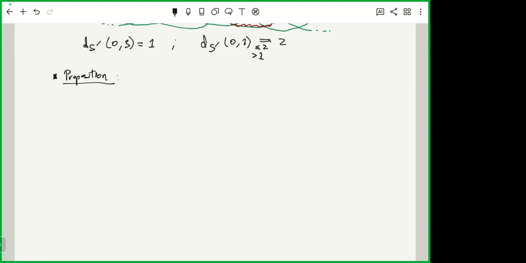Let G be a finitely generated group, and S and S prime two different finite symmetric generating sets, so I add the inverses if they're not there.